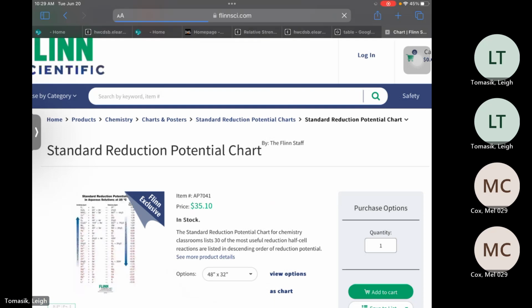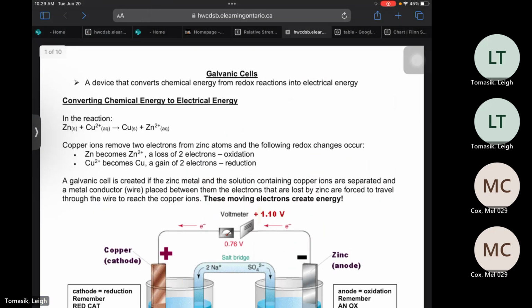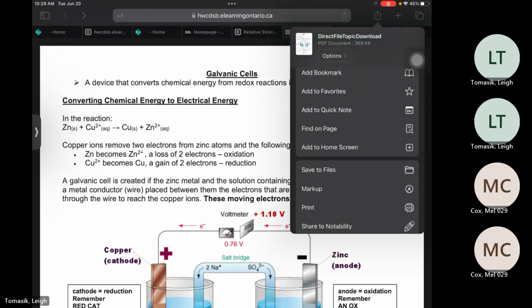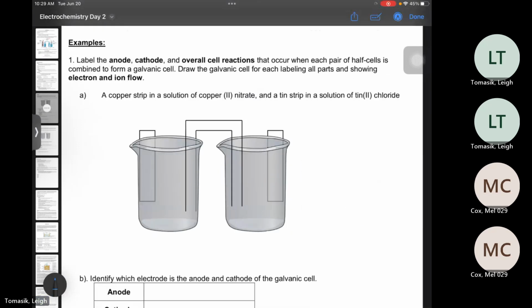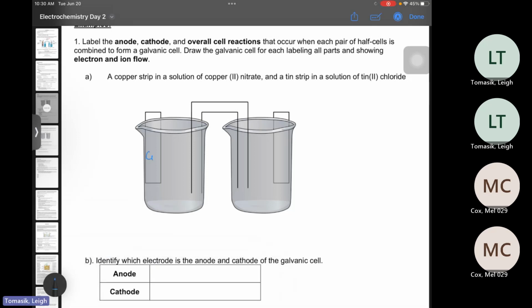Back we go to our example. Where were we? We had a copper strip that I put here, Cu. We had a tin strip that I'm going to put here. The tin is going to be our anode, and the copper is going to be our cathode.